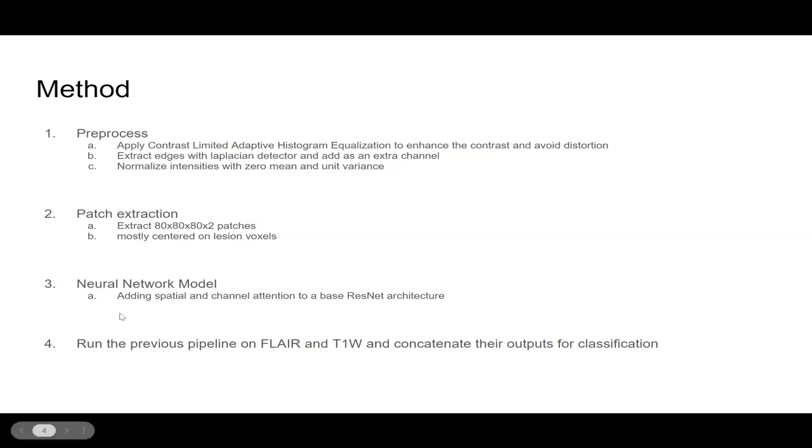Then we pass these patches to our neural network architecture for segmentation. The network runs on 2 different passes, one of them using the FLAIR modality and the other using T1, and at the end the results are concatenated for classification.